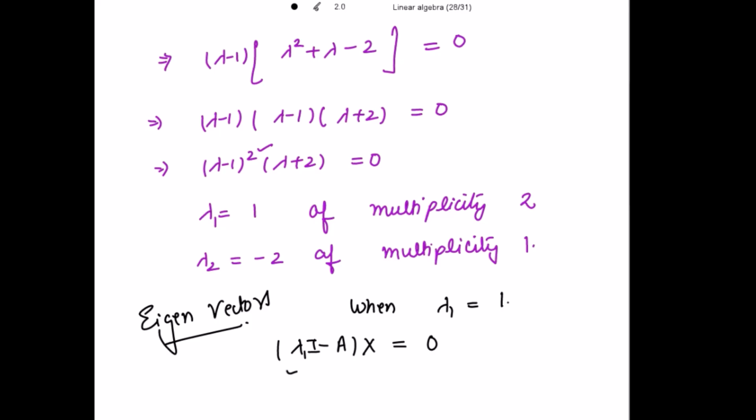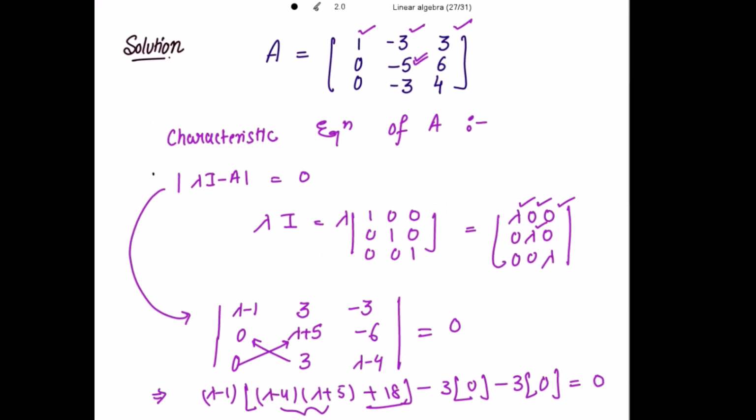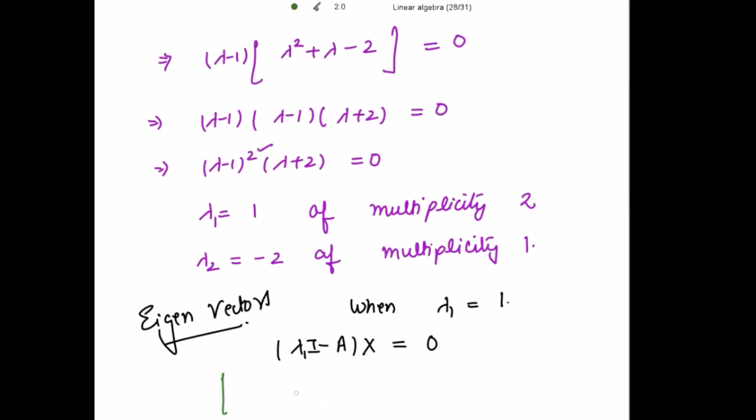We have already calculated this over here, and we just need to put lambda 1 equal to 1 in place of lambda. So we get 0, 3, minus 3. In the second row we get 0, 6, minus 6, and in the third row we get 0, 3, negative 3.